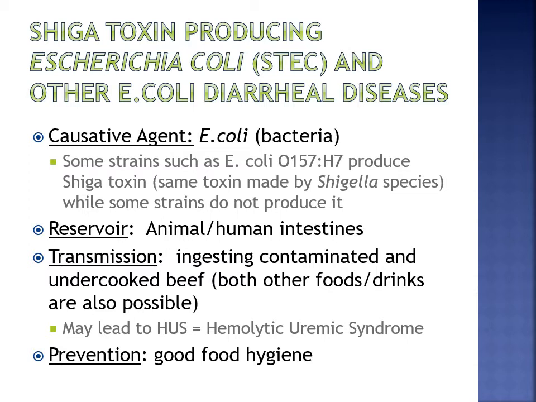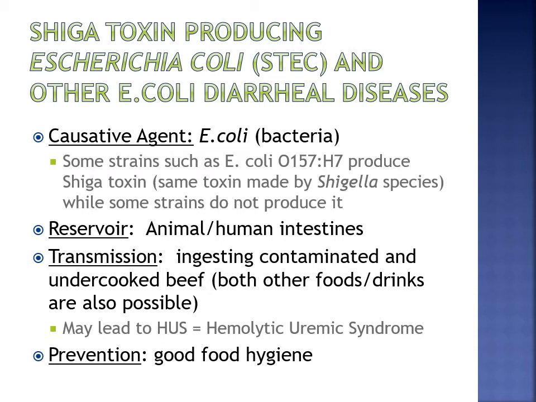E. coli is commonly found in human and animal intestines. There are actually some strains that we have to have in our body because they do certain jobs for us, but it's these specific strains that can make us sick, like the ones with the Shiga toxin. Transmission is usually ingestion of contaminated materials or undercooked food.